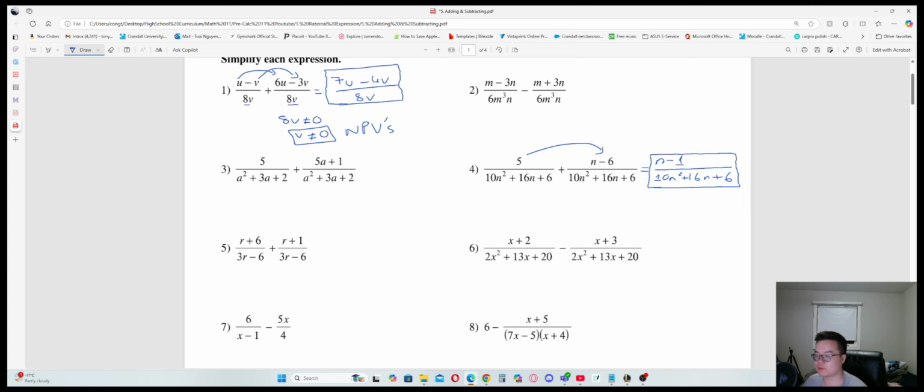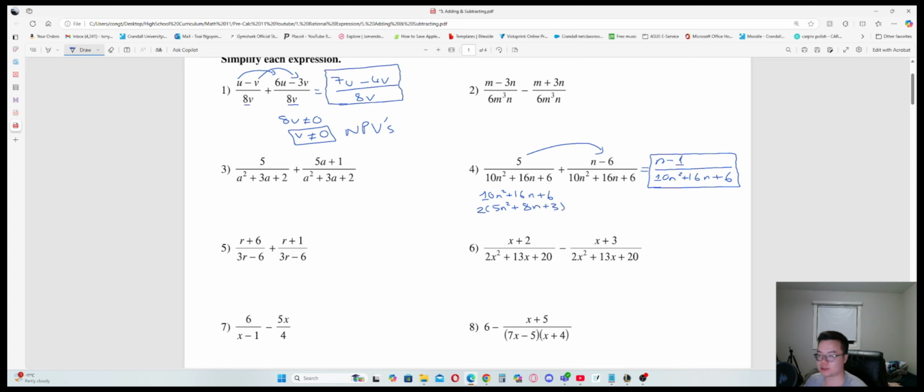And then next I need to find the NPVs, but first I need to factor, and then I can use that to find the NPVs. So let's start to factor first. 10n squared plus 16n plus 6. I need to factor it out, so I can take 2 out because it is the greatest common factor. So I'll have 5n squared plus 8n plus 3.